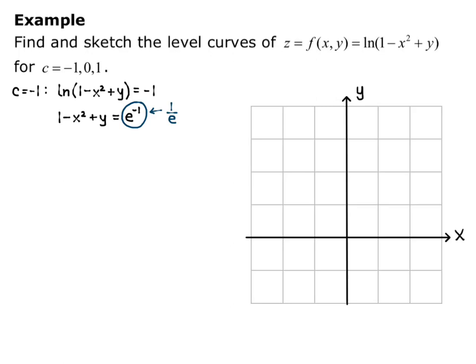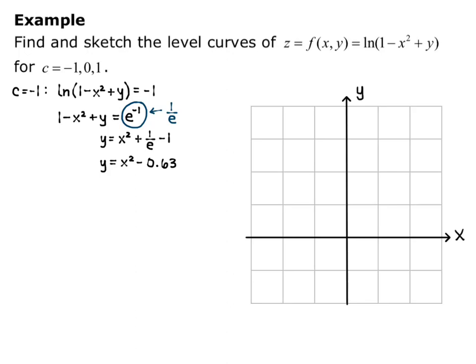Now isolate the y variable and we get y equals x squared plus 1 over e minus 1. We want to graph this, so let's get a numerical approximation for 1 over e minus 1. So y equals x squared minus 0.63.